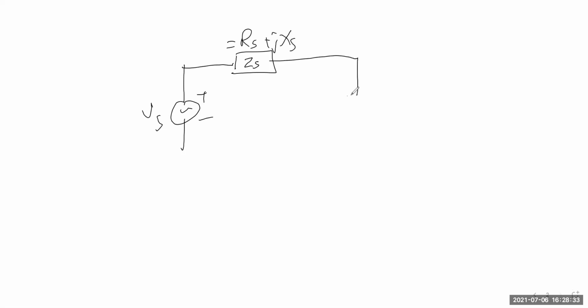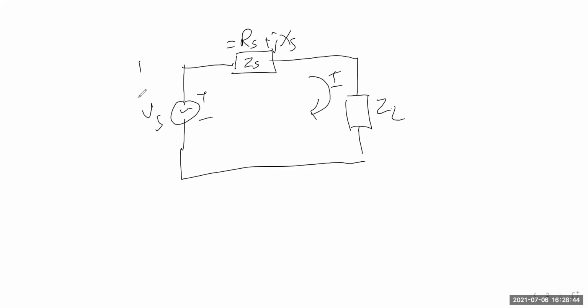Now I could describe this segment in another format as well. If we take the source impedance as ZS, that would be equal to RS plus jXS, and this would be your Z load, and this would be the current I flowing.